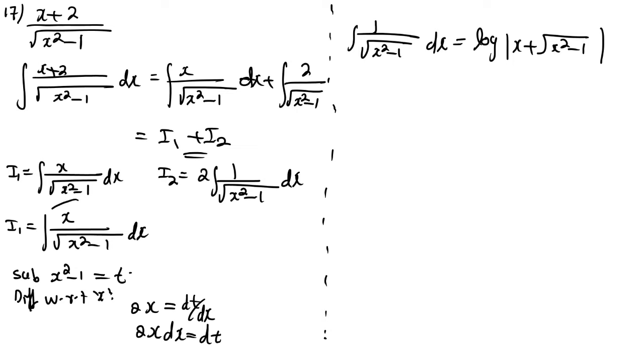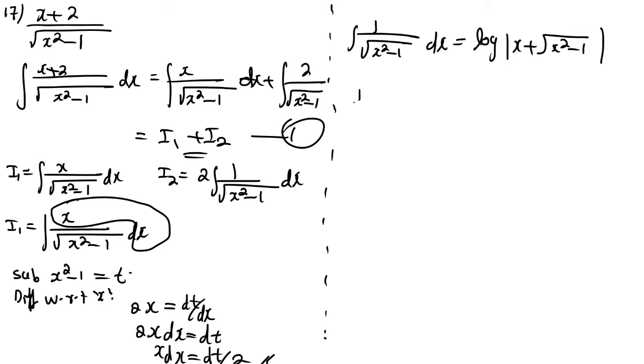But observe the numerator of the I1, x into dx is there, right? So x into dx is equal to dt divided by 2. Okay, so substitute in I1. So I1 is equal to integration of 1 by root t, because x square minus 1 is t, into x into dx value is equal to dt divided by 2.